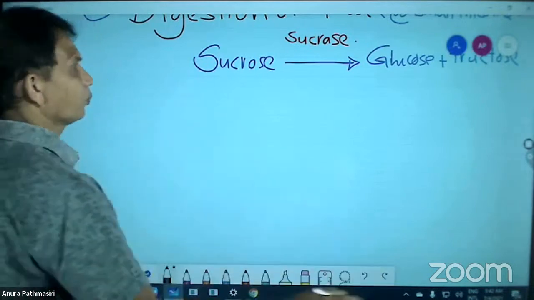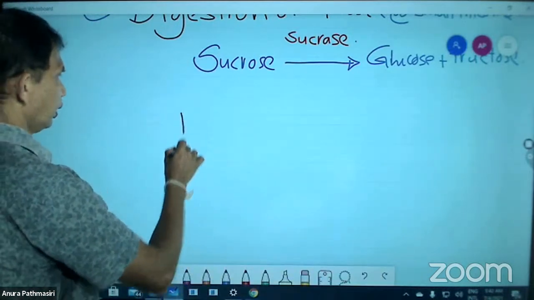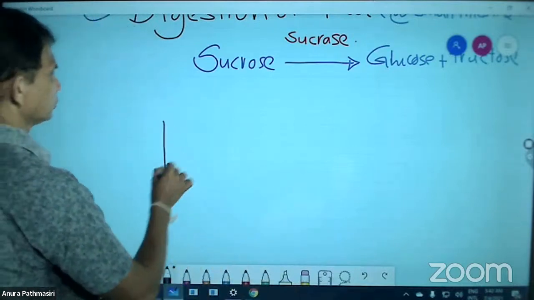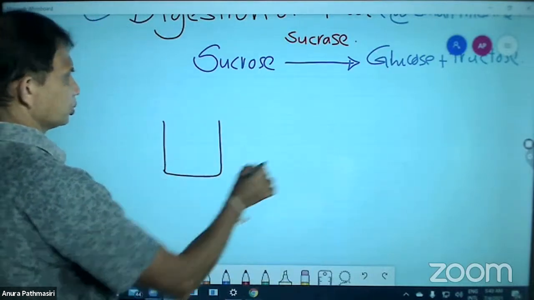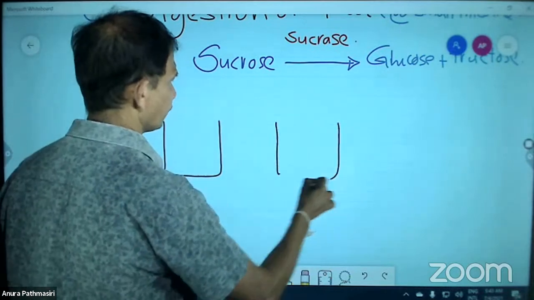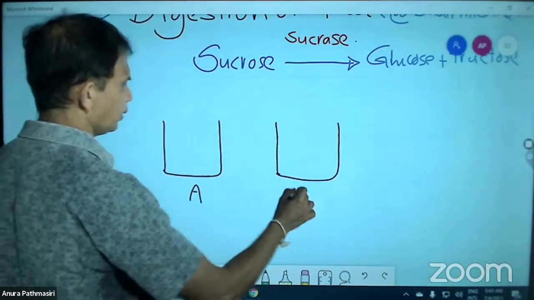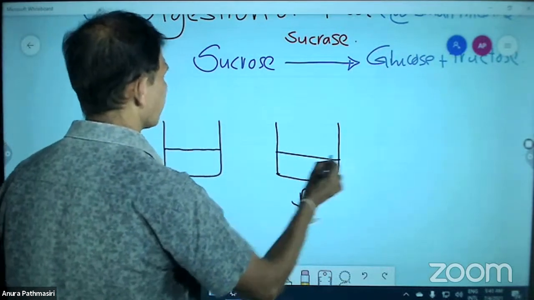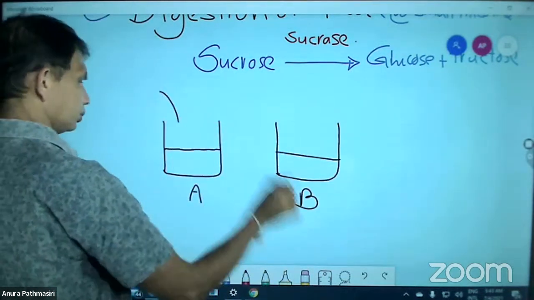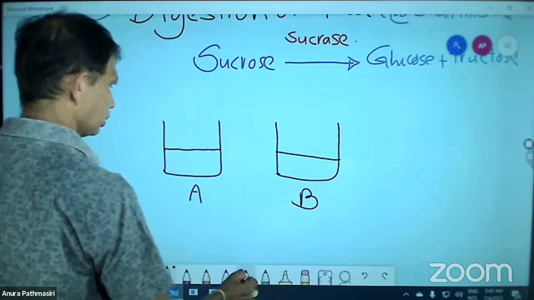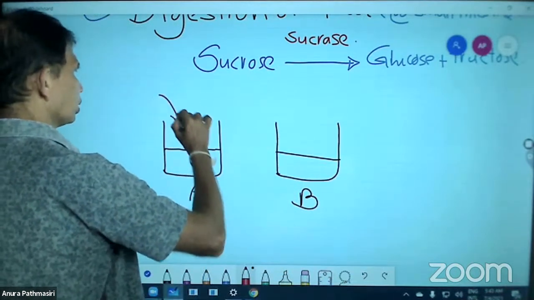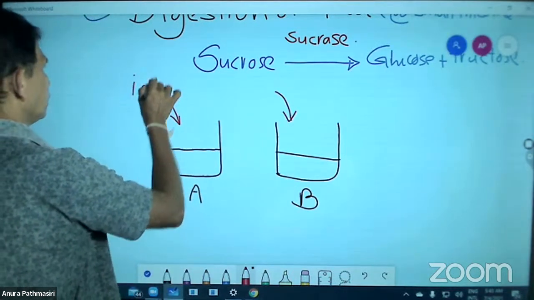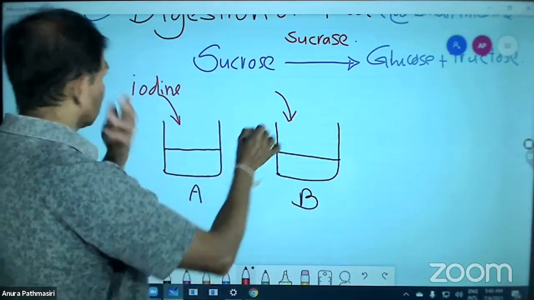When you have the starch solution in the vessels A and B, you can add iodine solution to both.